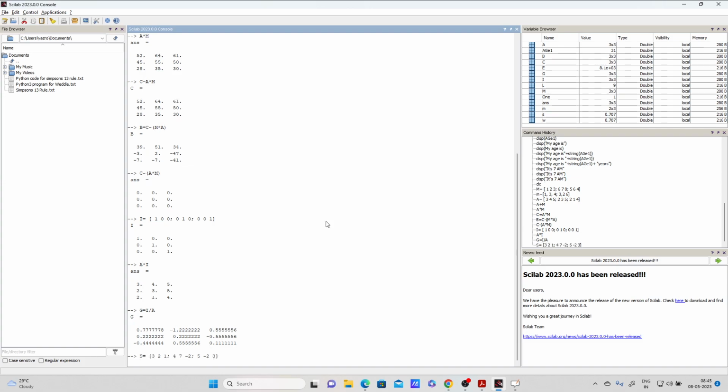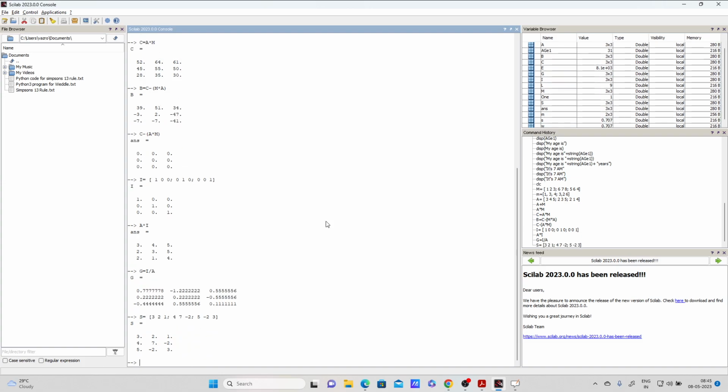Okay, end of the matrix. So this is my S matrix. Then I have to enter the B matrix. I've already used the alphabet B here, no? Never mind, I'll put the small b.